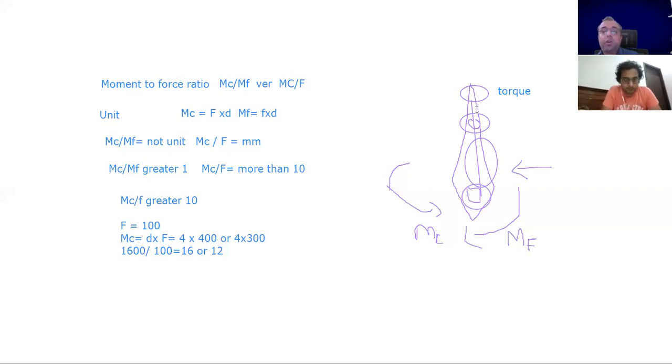And if we apply force at this level, the center of rotation would be somewhere at infinity, because we are applying the force at the center of resistance. But if we apply force at the root apex level, at 16 millimeter or 12 millimeter, then the center of rotation will come to the incisal edge. So this is for the moment to force ratios for the canines.